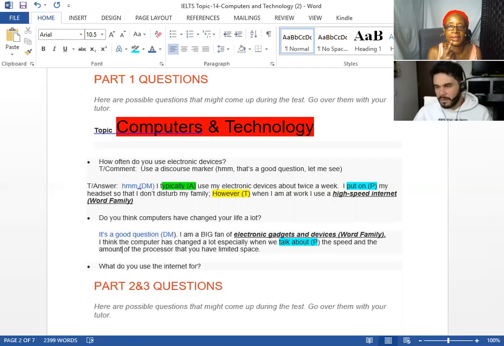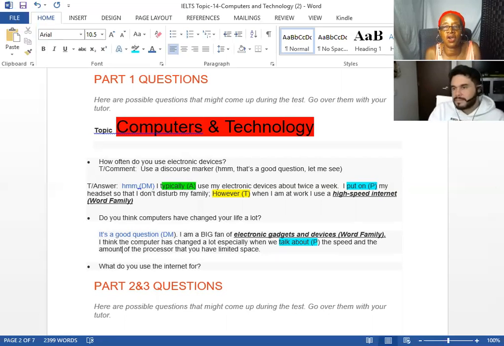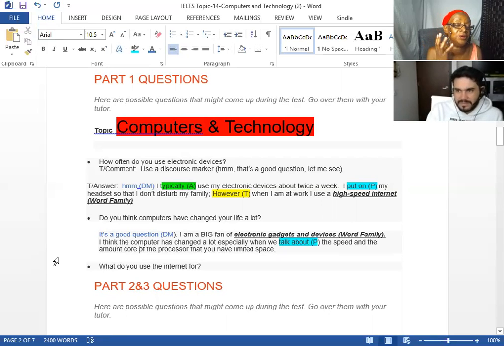It's core, C-O-R-E. Yes, amount of cores. And it doesn't have to be that exact because the examiner may be someone like me that isn't familiar with what's in a computer.